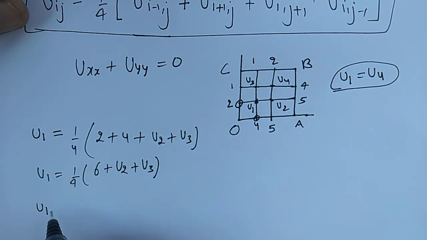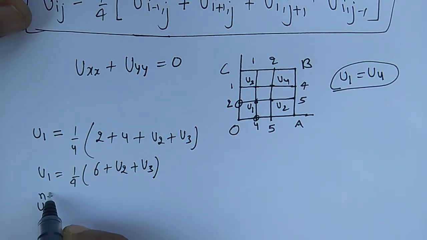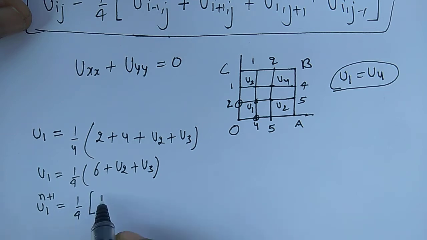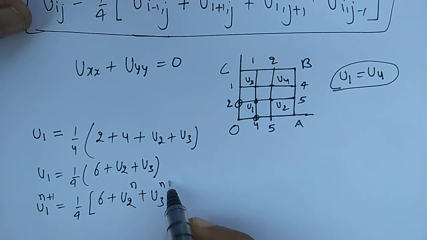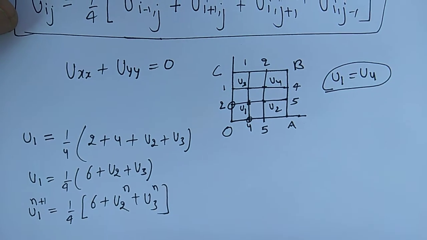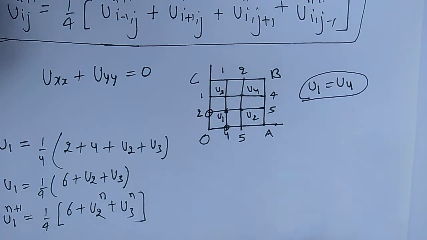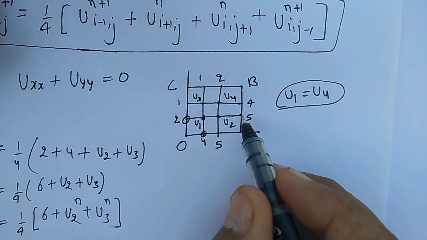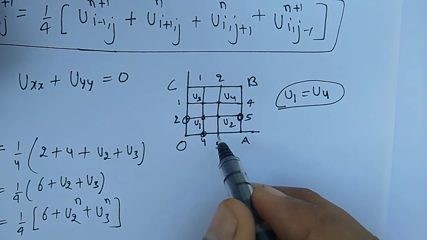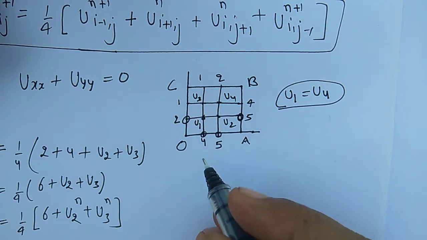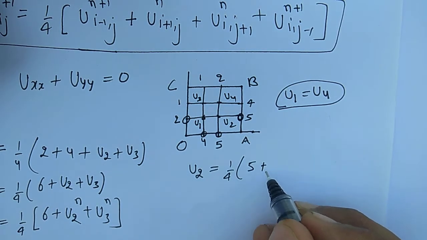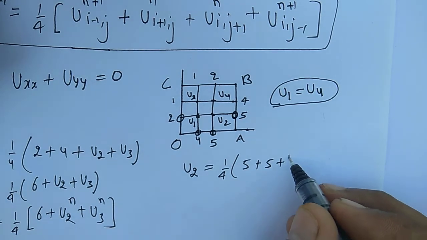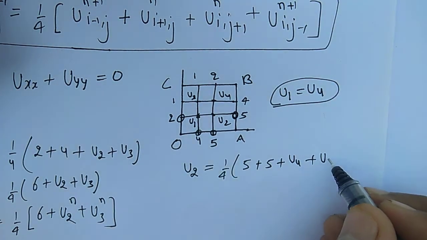Now if we write the iteration formula, u1 (n plus 1) equal to 1 by 4 of 6 plus u2 (n) plus u3 (n). Now for u2 we'll use 1 by 4 of 5 plus 5 plus u1 plus u4. So u2 equal to 1 by 4 of 5 plus 5 plus u4 plus u1.